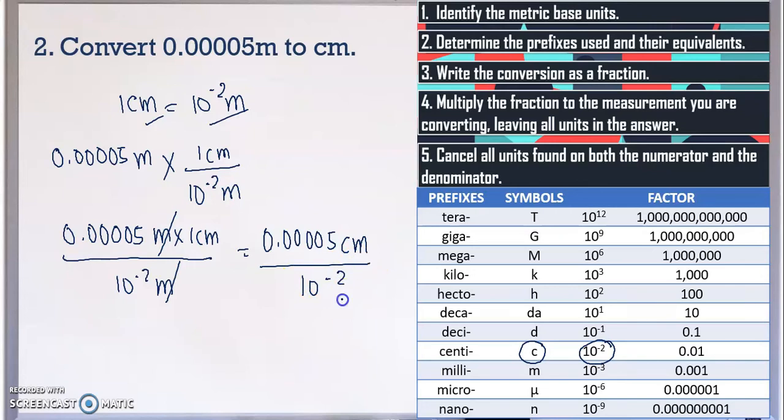Since we have a negative exponent on the denominator side, we can just move it to the numerator side, but its sign must be turned into positive. After doing this, the measurement would be 0.00005 times 10 raised to positive 2 centimeter.